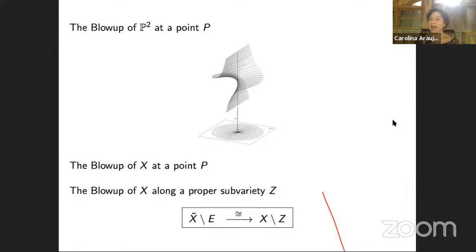And in this way, I can construct uncountably many non-isomorphic surfaces. And because they are very similar, each two of them are isomorphic on some dense open subset, but they are not isomorphic. So there are way too many isomorphism classes of algebraic surfaces.